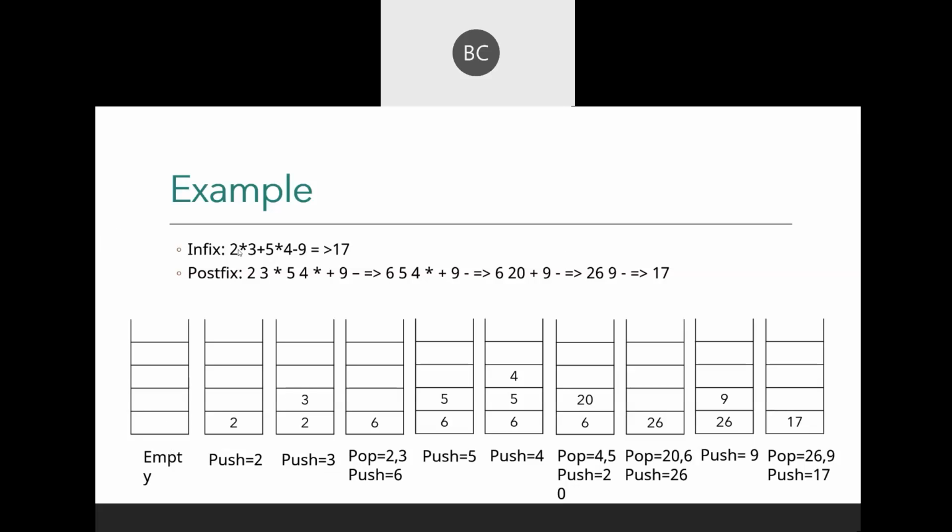Next, you have to convert it to postfix. What will be the preference here? There are two multiplications, one plus and one minus. That means multiplication will get the higher precedence. So we will simply put it this way for this expression.